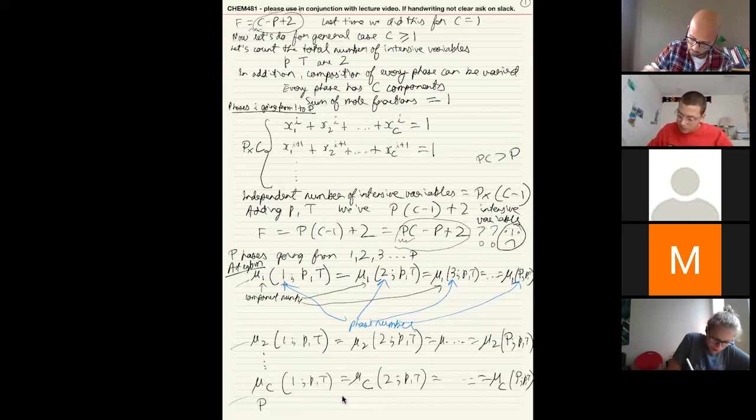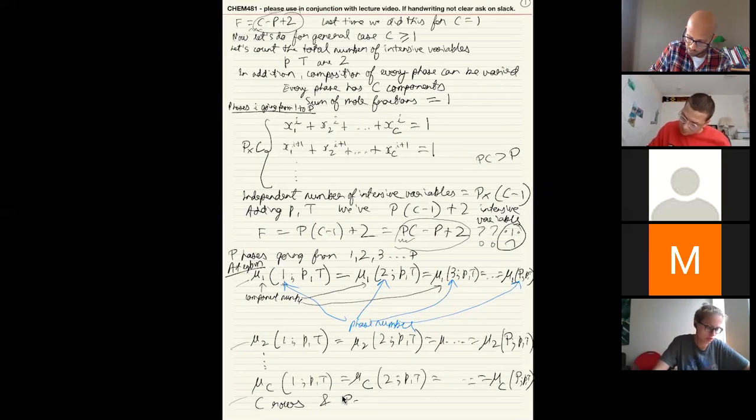It's C rows, just confusing. So C rows corresponding to the number of components and P minus 1 equations in each. Therefore, number of constraints is equal to C into P minus 1.